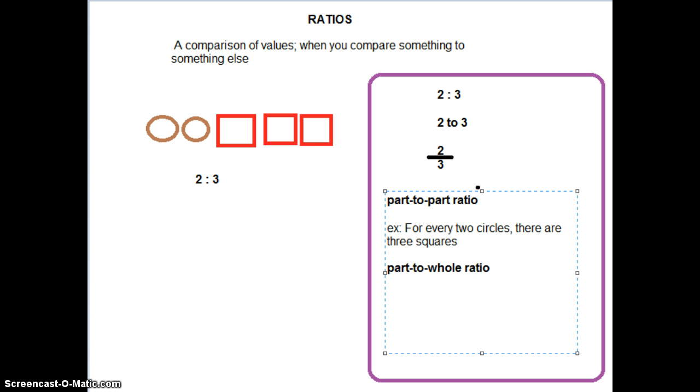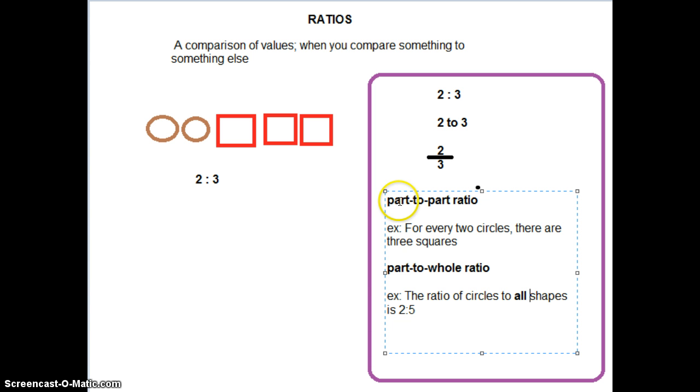Based on the original one, it would be the ratio of circles to all shapes, all 5 shapes, is 2 to 5. Or you don't even have to say 5. The ratio of circles to all shapes is 2 to 5.